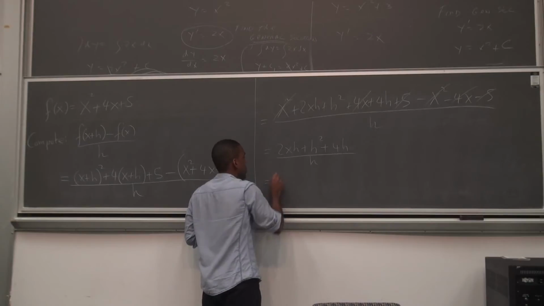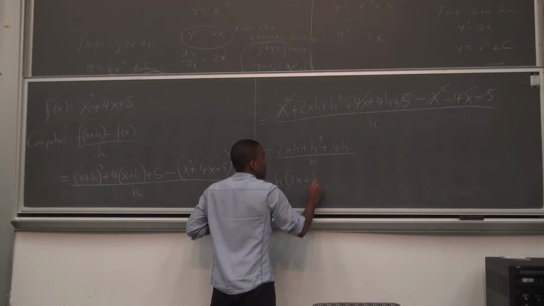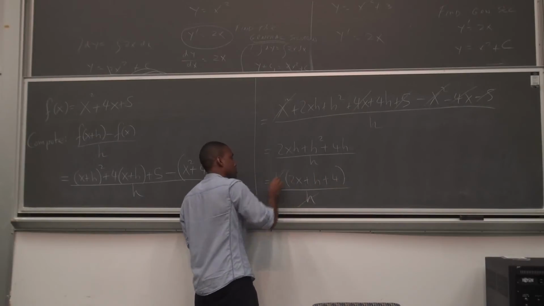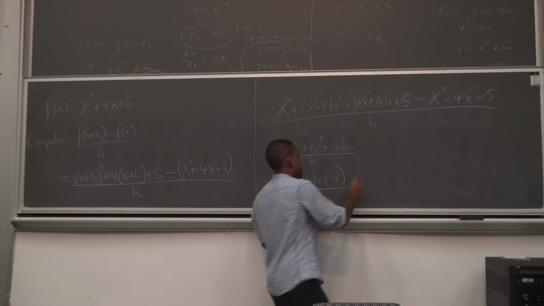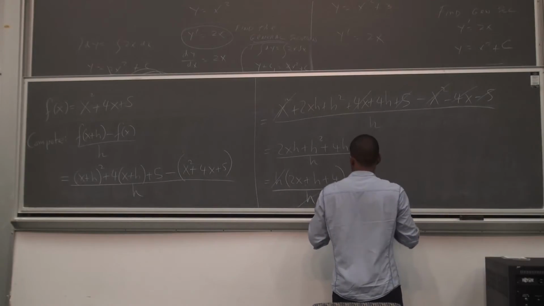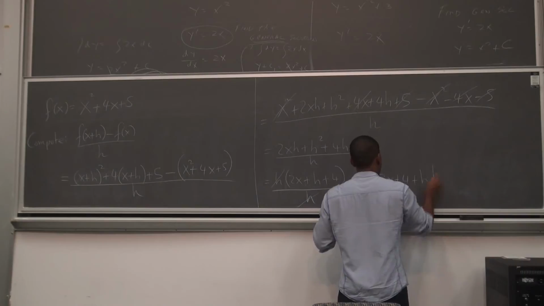We can factor it out: h times 2x plus h plus 4, over h. That cancels, right? Now I can cancel because there's a multiplication sign separating things. And now we just have 2x plus 4 plus h as the answer.